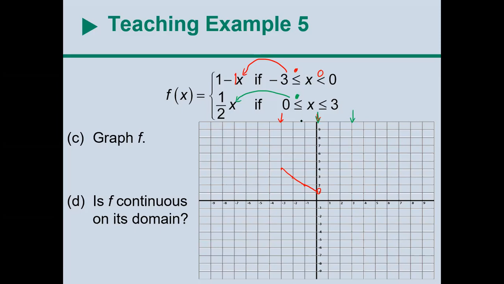Do we see that? So it's going to be a closed circle at (0, 0). And then from there, I'm going to use my slope to make my way to 3. And what is my slope? 1/2. So that means I'm going to rise 1, run 2. Rise 1, run 2.